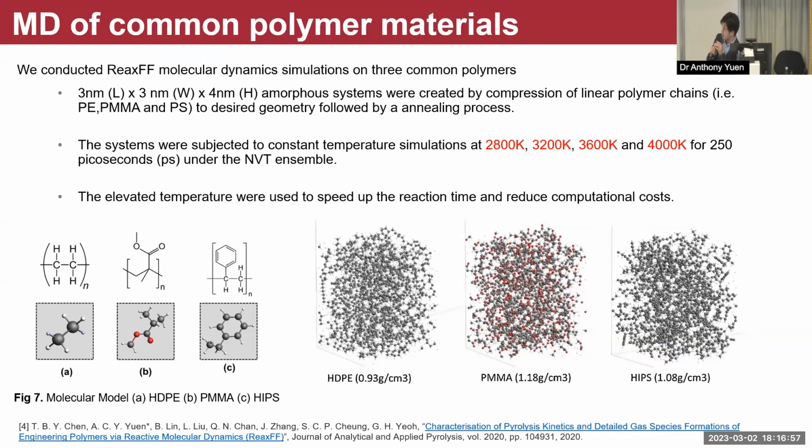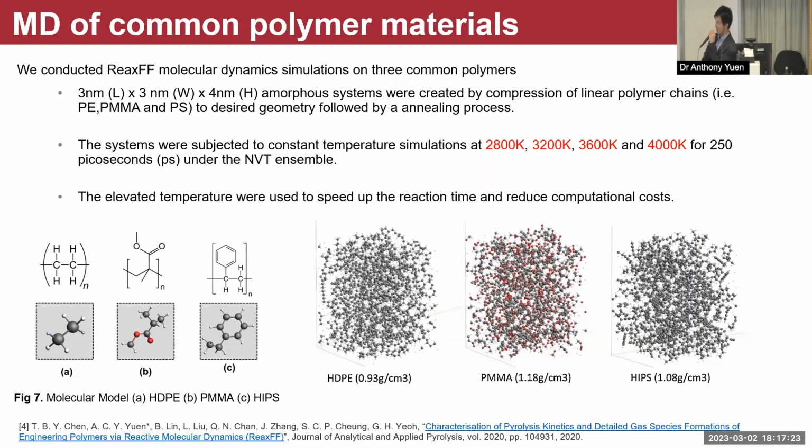Here, once we formulate this structure, we put it into a heating chamber condition. So you apply heat to each of the atoms within the system. This temperature, ranging from 280 to 4,000, is actually much higher than the TGA temperature.